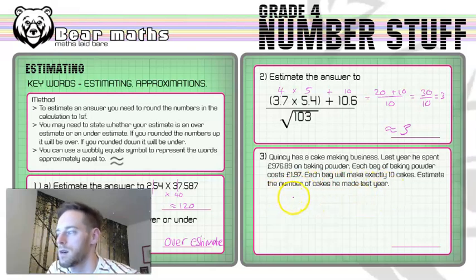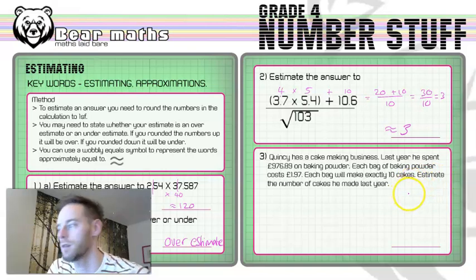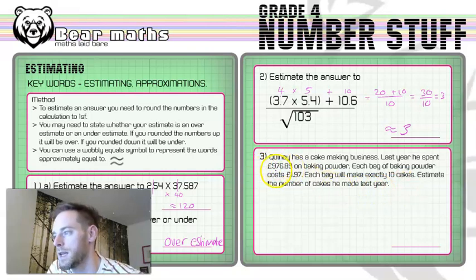So what we are going to do is round. It says estimate. When you see this word estimate, unless it's estimating the mean, you're rounding to one significant figure. So let's round this number to one significant figure. The 9 is our first significant figure, the 7 is the second.